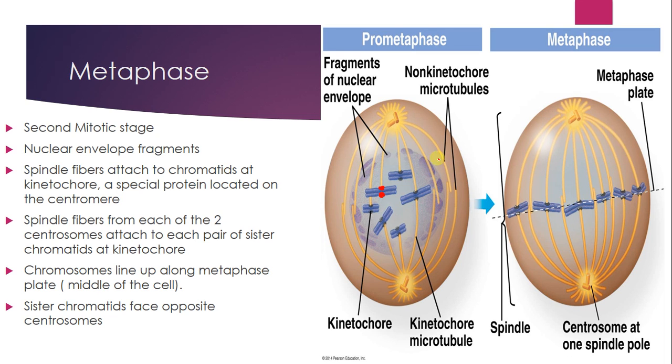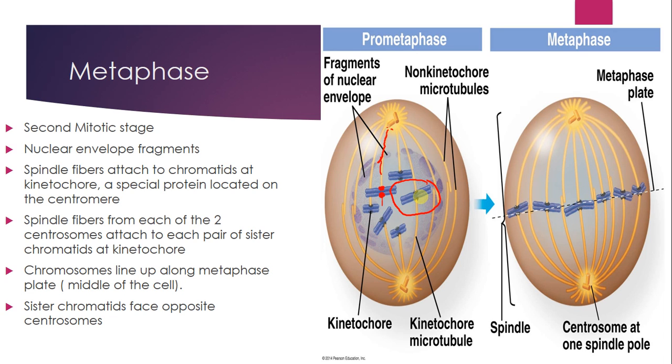So now the centrosomes are on the opposite side of the cell, and spindle fibers from both centrosomes attach to opposite sides of the same chromosome. So there's this kinetochore, and just like this one, both centrosomes are linked on.